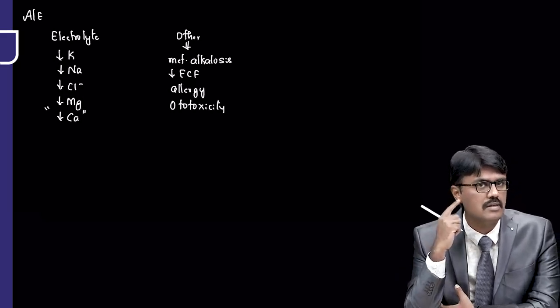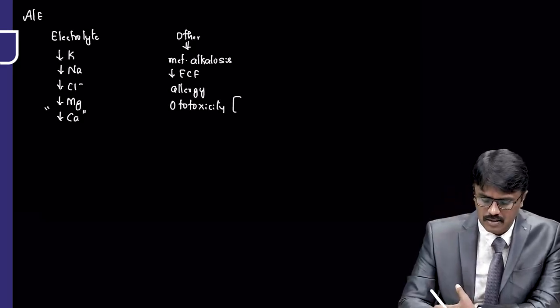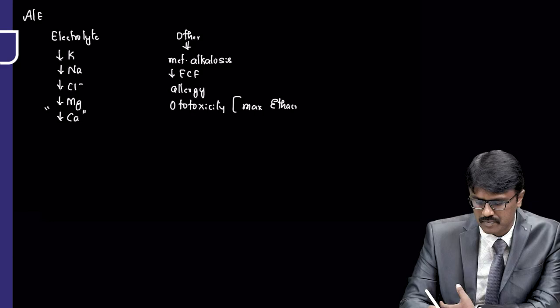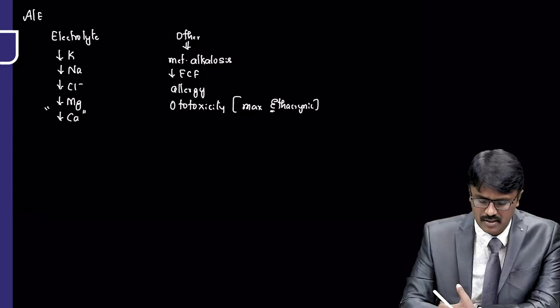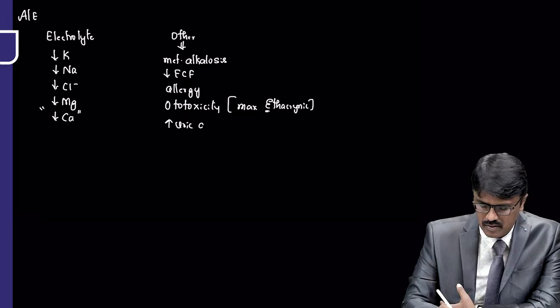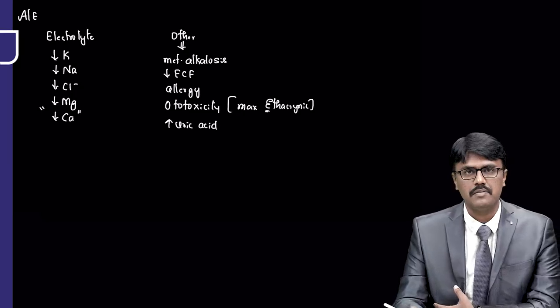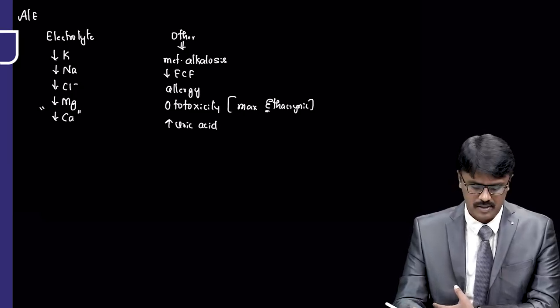You remember like this, the loop of the ear. So ototoxicity is maximum seen with ethacrynic acid. Ethacrynic acid, you remember E for ear toxicity, and they also can increase uric acid. So hyperuricemia can be seen. So these are the major adverse effects we see with loop diuretics.